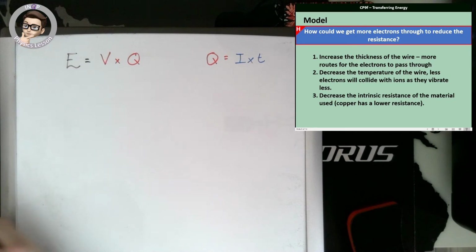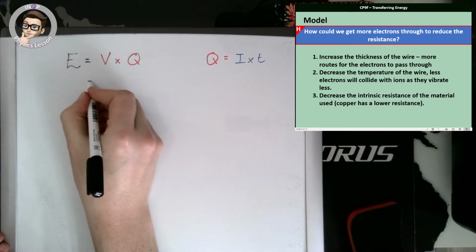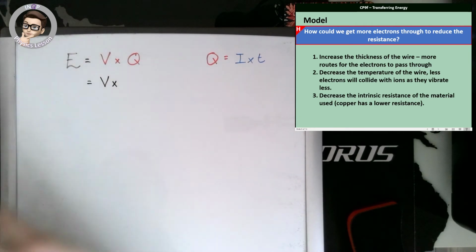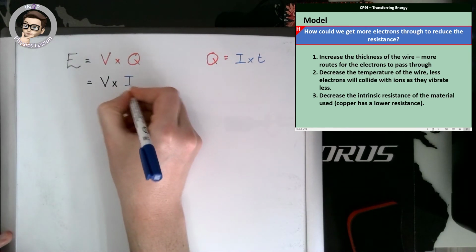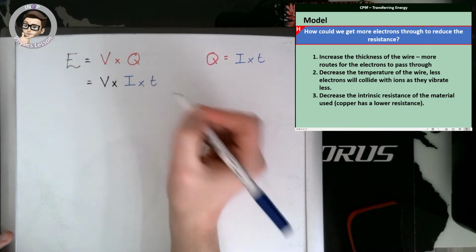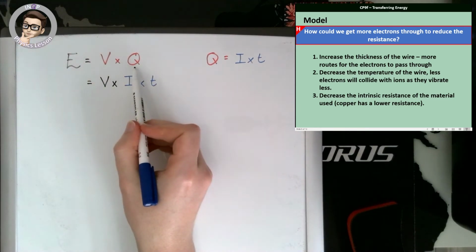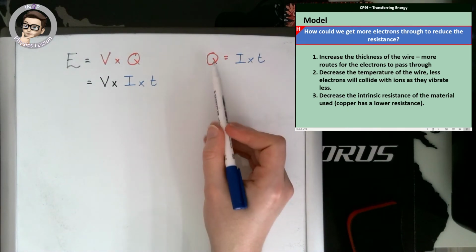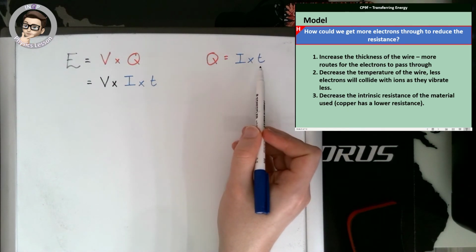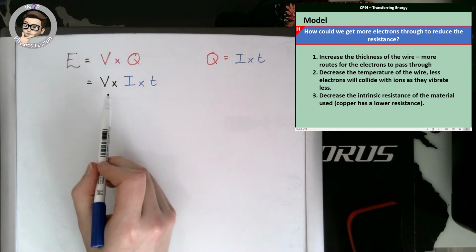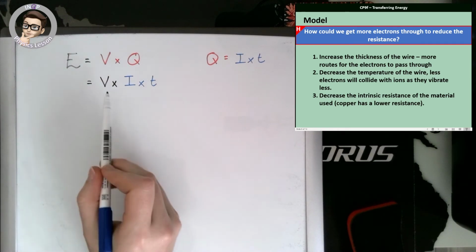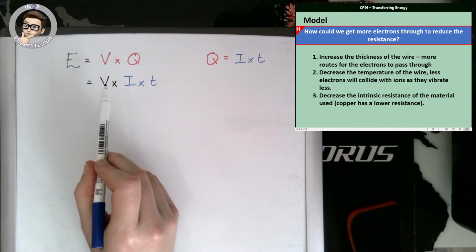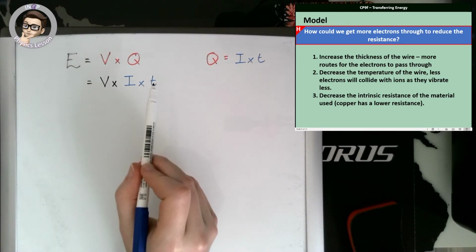Well, yes, we can, because we can have E equals V times I times T, where everywhere we've had that Q, we put I times T because it comes from this equation here, Q equals I times T. So I can now work out how much energy is transferred in joules, remember energy is in joules, depending upon the potential difference, the current and the time.